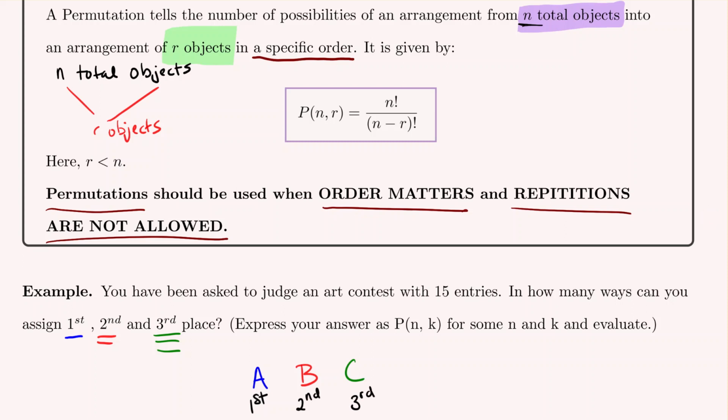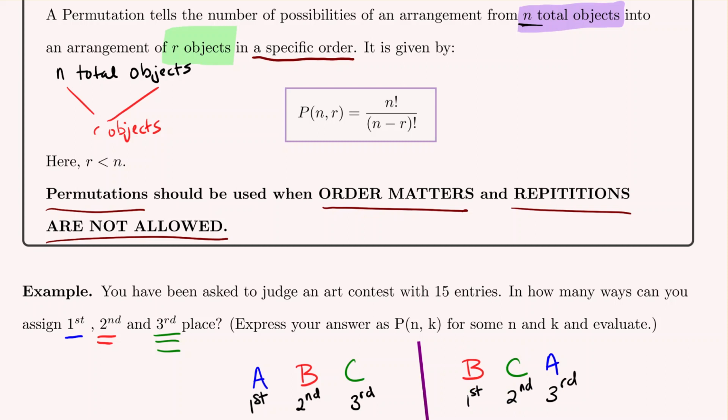But if instead I had B picked first, then C, and then A, by how our labeling works, B would be assigned first place because it was picked first. C would be assigned second place. It was picked second.